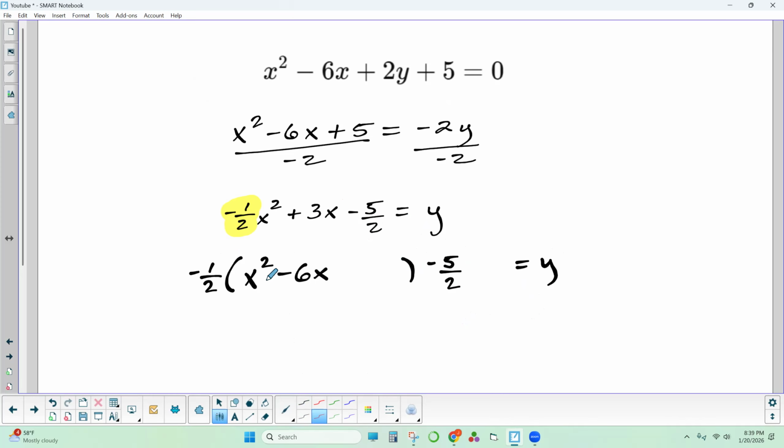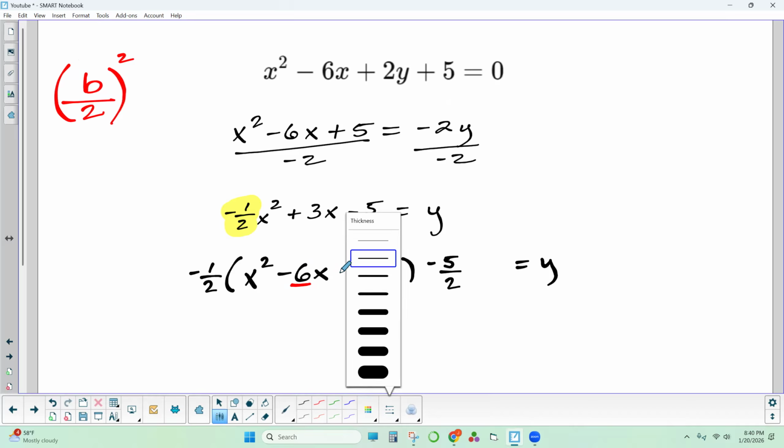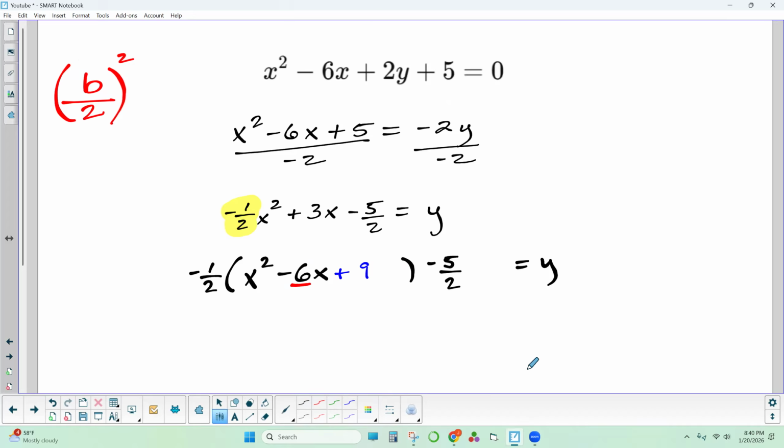What we need to do is take our coefficient b, half it, and square that. If we take negative 6, half it, and square that, we get positive 9. At first glance it appears that we added 9 to the left side of this equation, but you have to remember that we factored out negative 1 half.